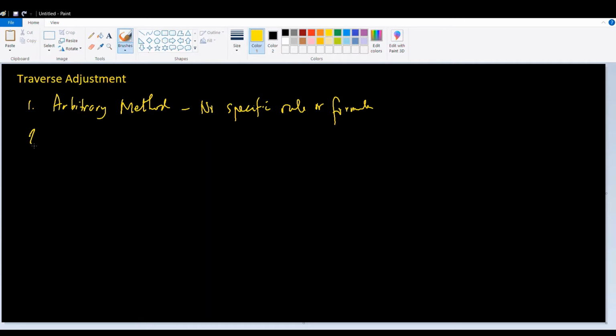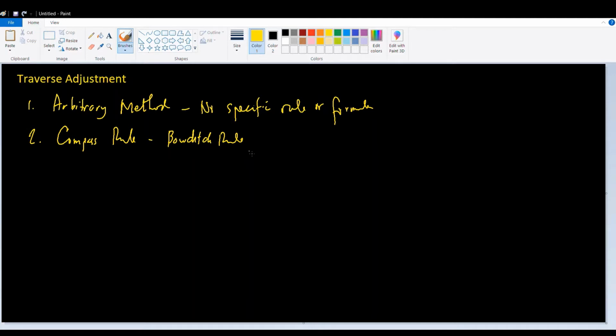The second method of traverse adjustment is referred to as the compass rule. Now, the compass rule is also known as the Bowditch rule in honor of the American navigator Nathaniel Bowditch.